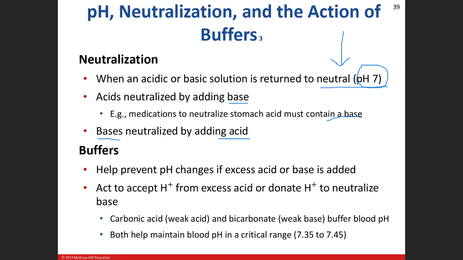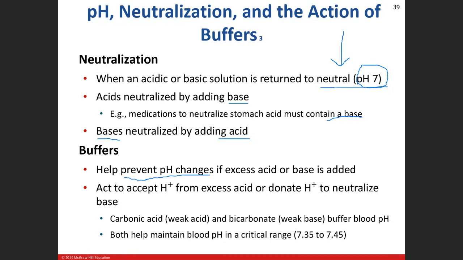Now we have lots of systems in our body that are dependent on a specific pH. It's very important. So one of the solutions to a problem is to never have a problem in the first place. So what I mean by that is, the concept of buffering helps to prevent the pH from changing to begin with.